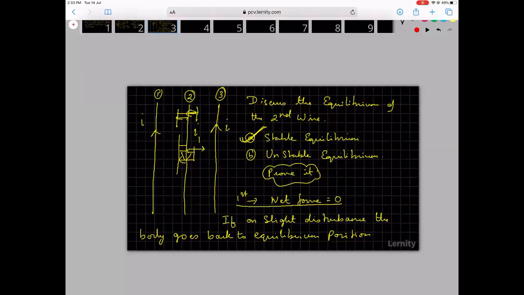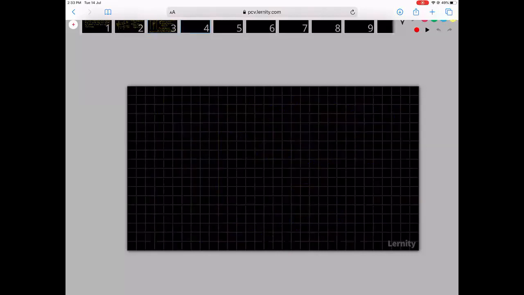Now every body in stable equilibrium, if slightly disturbed, will tend to oscillate. Can you find out the time period for oscillations? The question is, what is the time period for oscillations?